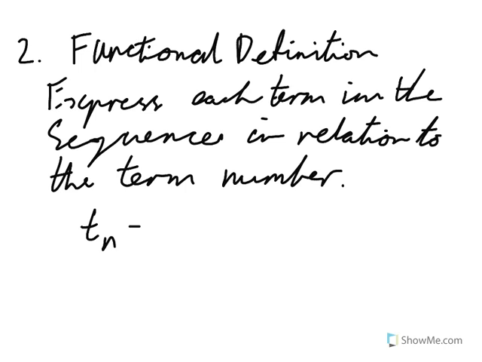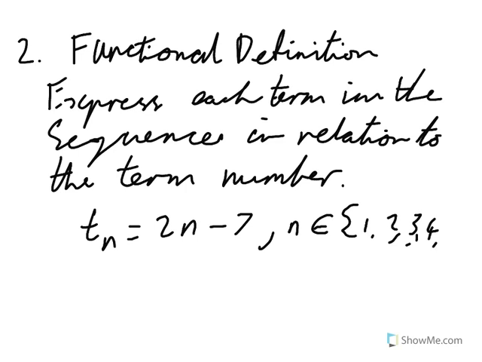So something that we might do would be something like this. Term n in this particular sequence, say maybe something simple like 2n minus 7, and n in these cases is an element of 1, 2, 3, 4, and so on. If you want term number 1, you substitute 1 into that: 2 minus 7 is minus 5.